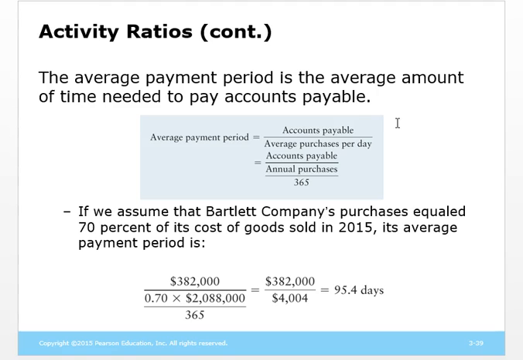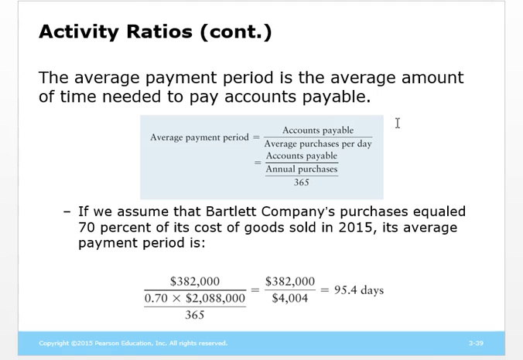And again, we have to divide by the days. Average purchase per day, annual purchases. And I don't think we have purchases here, so I don't think we can calculate this. All right, so we're skipping this one because I don't have purchases on the handout as a separate term. But this is just looking at how reliable the company is at paying their debts.